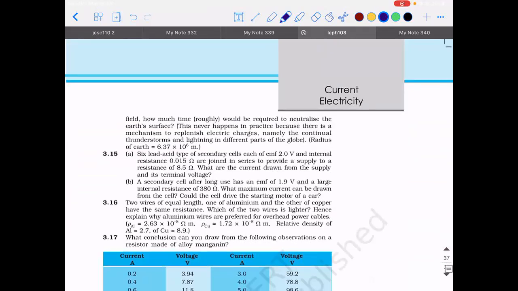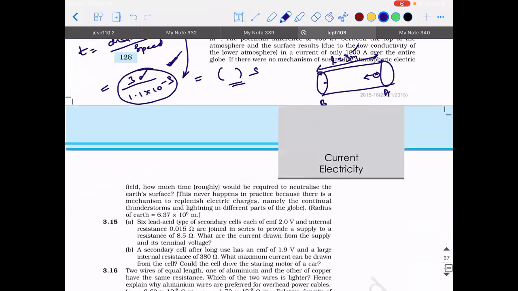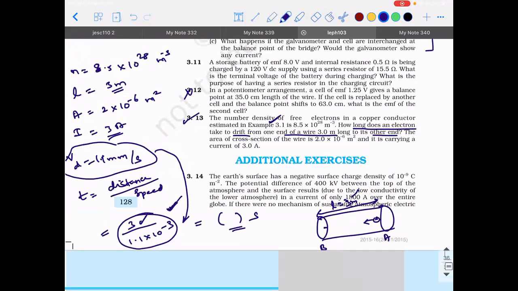Sir, but what is the use of area of cross section from the question, sir? See, this is not needed. They would have given it because, had they directly given that 3.1 question, we should have solved it from scratch. We don't know what is the value of VD, but what is the formula for VD?